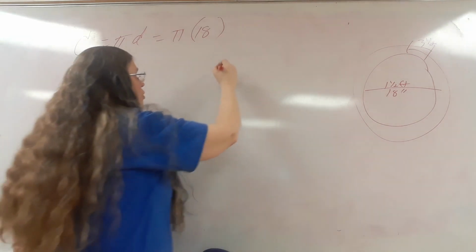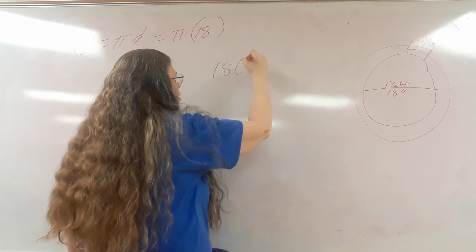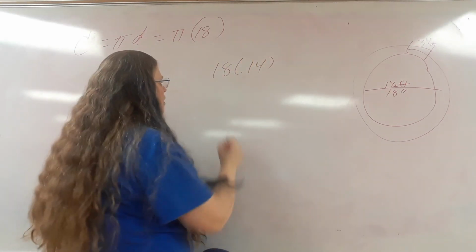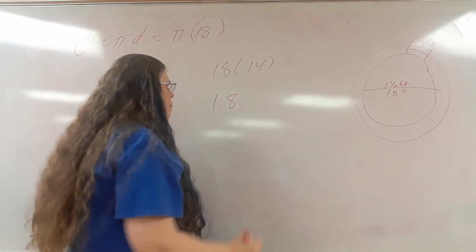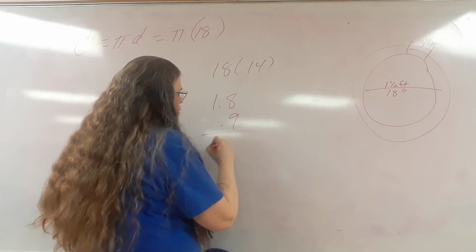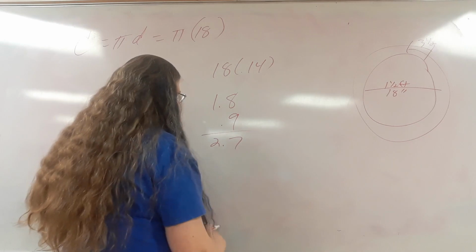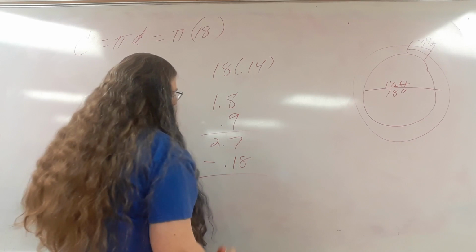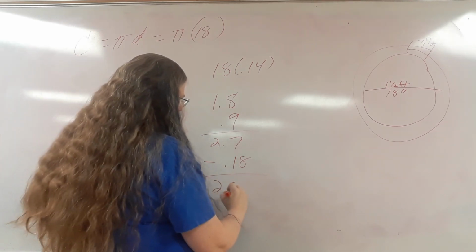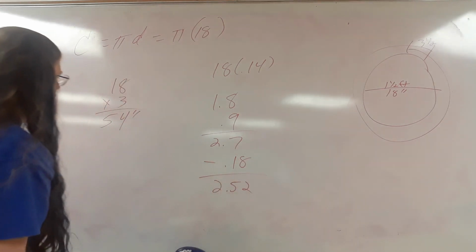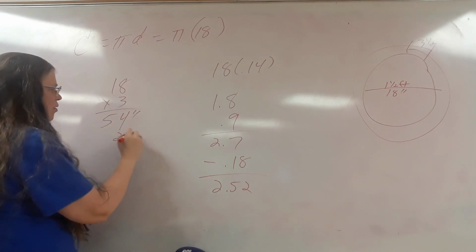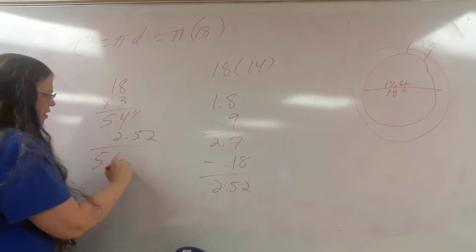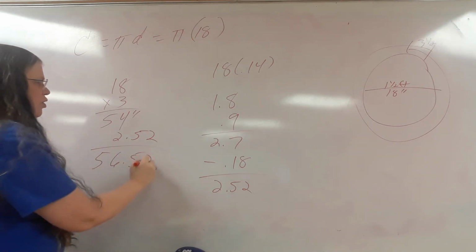Now we have to do the 18 times 0.14, 14% of 18. So 10% is 1.8. 5% is 0.9, so we have 2.7. Minus 1%, which is 0.18. So 2.52. We add that onto this, and we get the circumference is 56.52 inches.